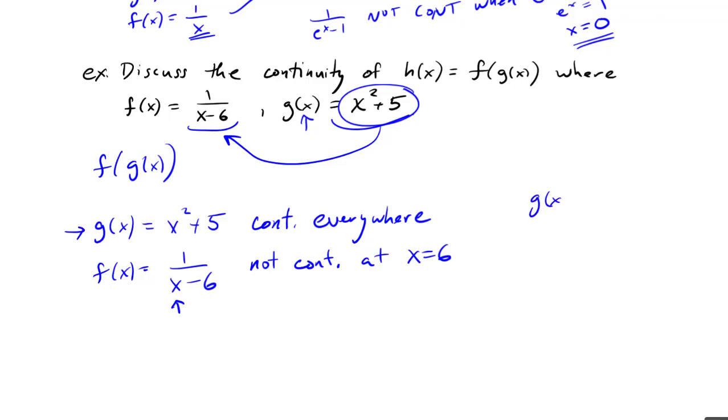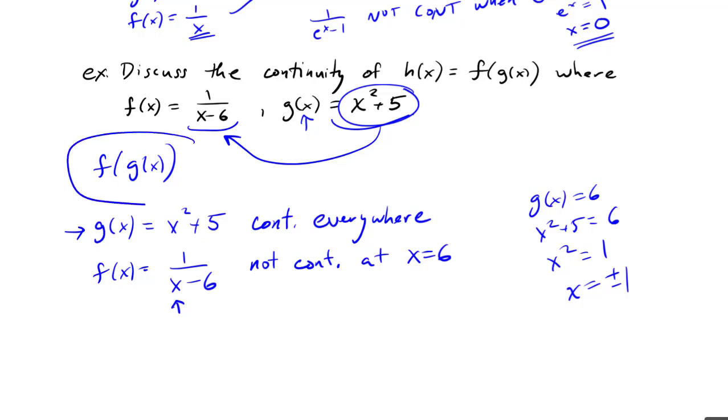Now, when would g of x equal 6? x squared plus 5 equals 6. x squared is 1. x is plus or minus 1. So for the composite function, x can't be plus or minus 1, because that would give 6 out of x squared plus 5, which would then give the problem in f, where I have a 0 in the denominator. So that's a problem. Okay?